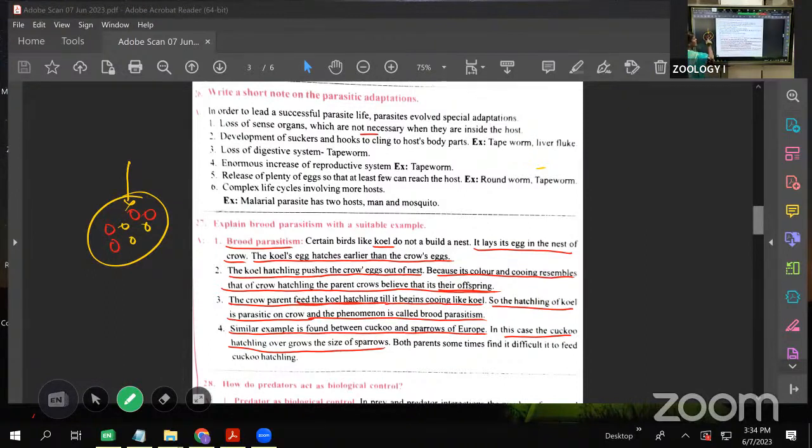The hatchlings destroy the crow eggs, and the crow parents believe that these offspring are their own. That's why the crows feed them, and that's why they are parasites. Brood parasitism means for the brooding purpose they are using the parasite. That's what we call brood parasitism.